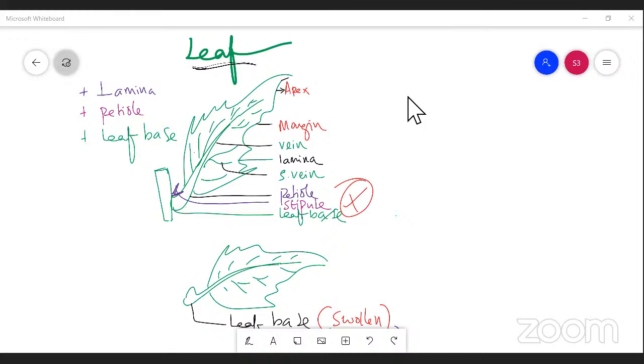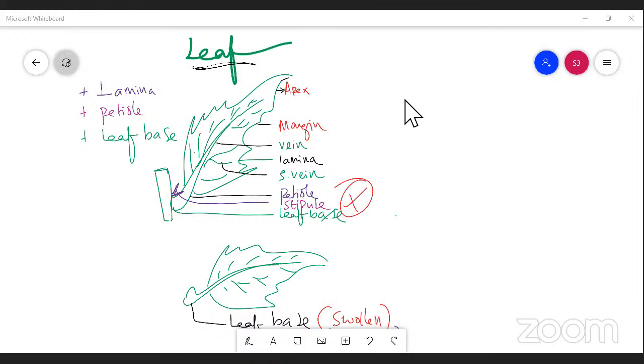Mr. Naresh? Nobody's there? Flat green portion of the leaf is called lamina. Oh, very good, ma'am. Okay, good. And what do you understand about petiole?